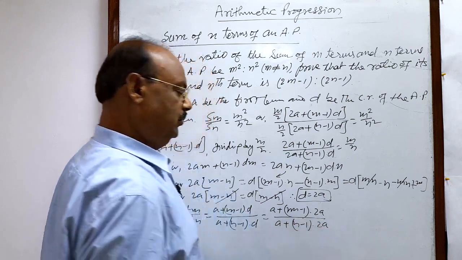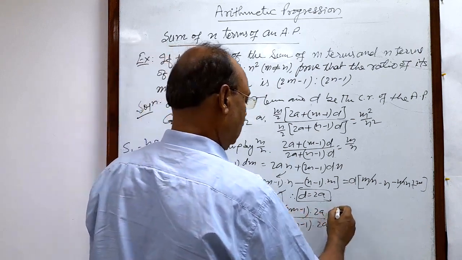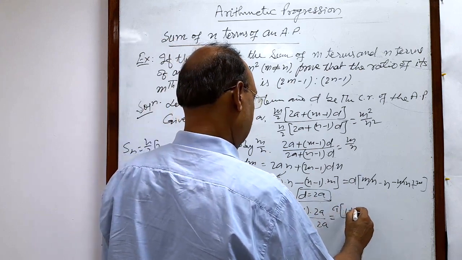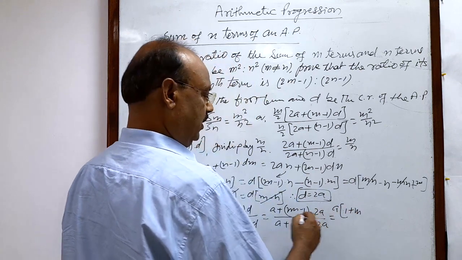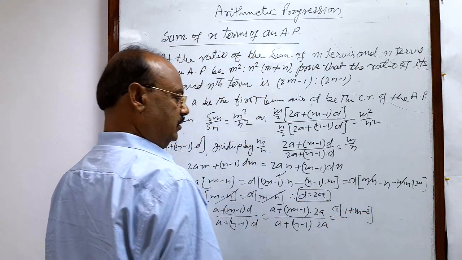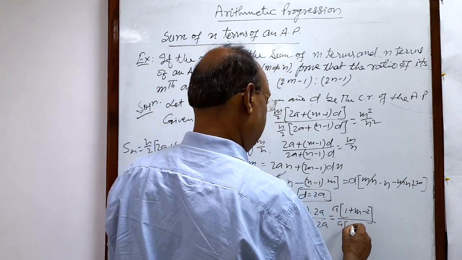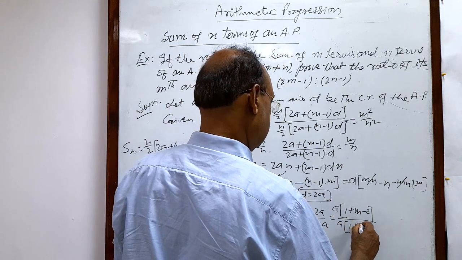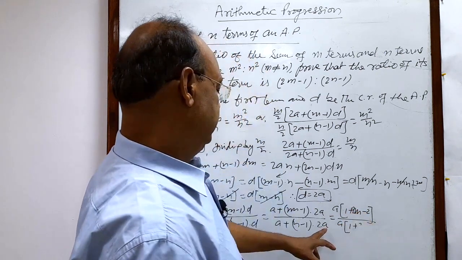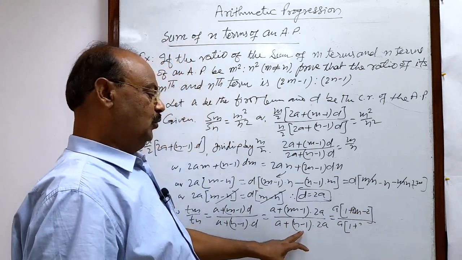With d equal to 2a, again a will be common from both the terms. So this is 1 plus 2m minus 2 in the numerator. In the denominator also, if a is common, we get 1 from here, and here 2n minus 2.